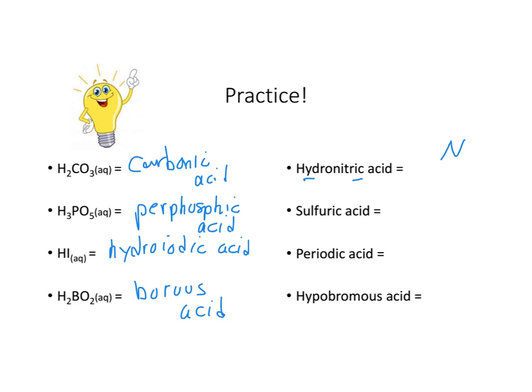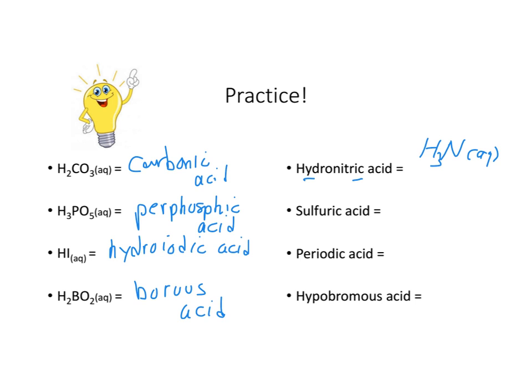So the formula for that will be HN. However, if we look closely, we notice that the charges are not balanced because the anionic charge of nitride is 3-. So we actually need 3 hydrogens, which are each singly positive, to balance off the nitrogen. So the correct formula for hydronitric acid is H3N aqueous.